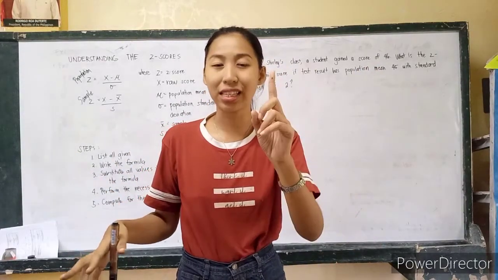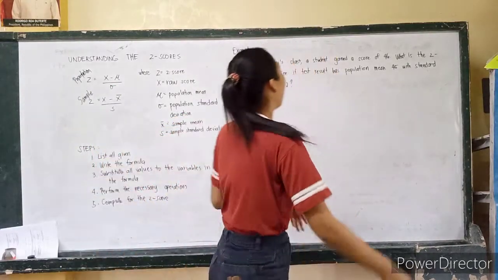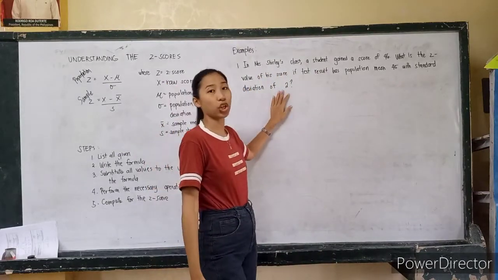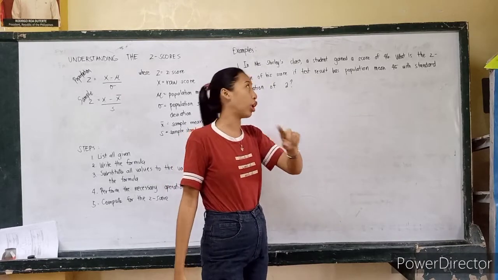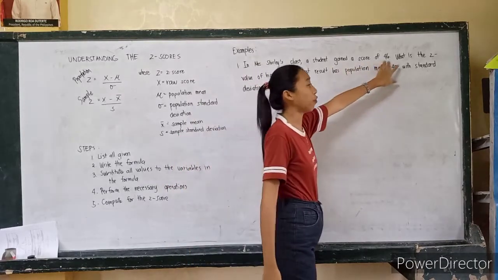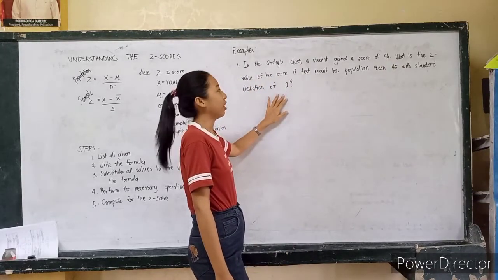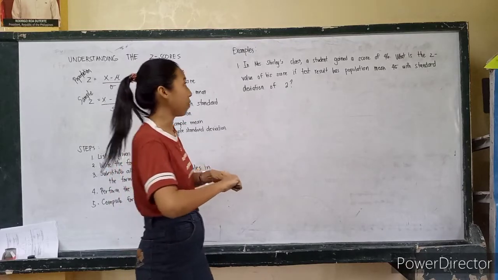Daghan ang estudyante sa kaklase. So, gikan dito, nakuha niya ang mean or average nga 45. Tapos, na siya standard deviation nga 2 from the entire population. Question, what is the z-score of 46 compared to these values? Diba? Okay.